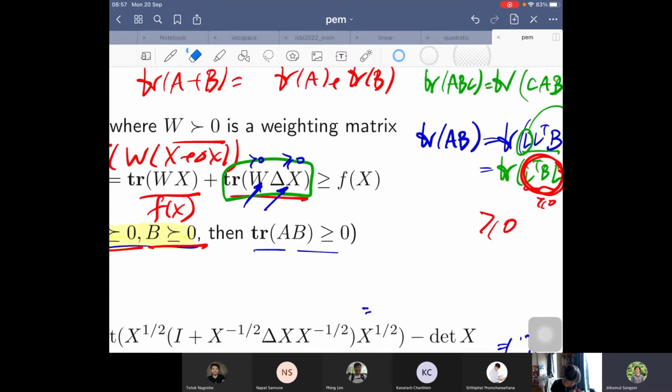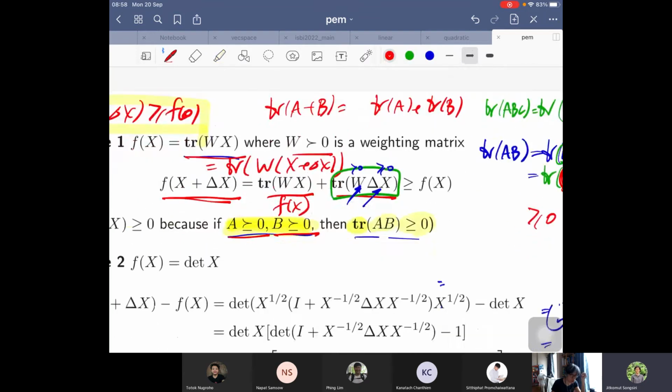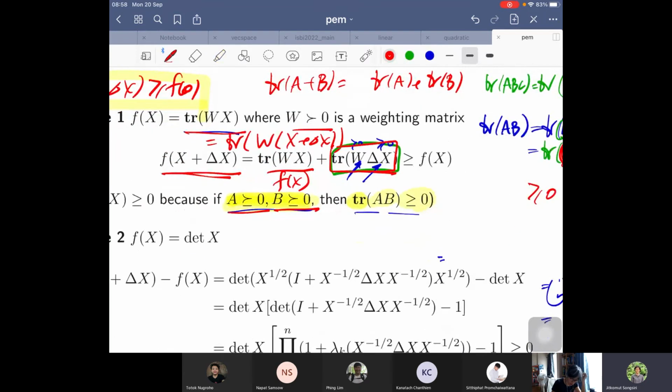So this is a very important property you can apply to other results as well. Take two non-negative matrices, take the product and the trace, and the trace is always non-negative. Going back to the green term that we just explored, the green term must always be non-negative.